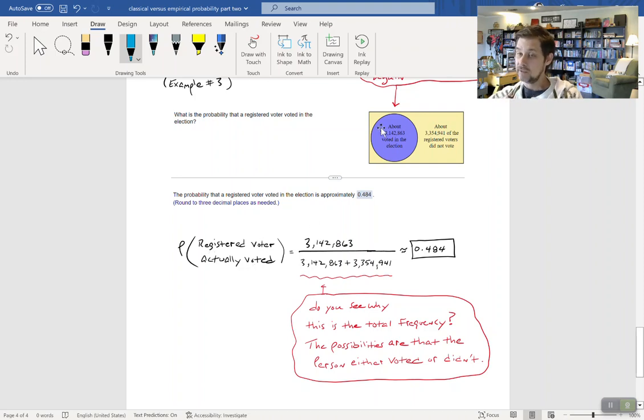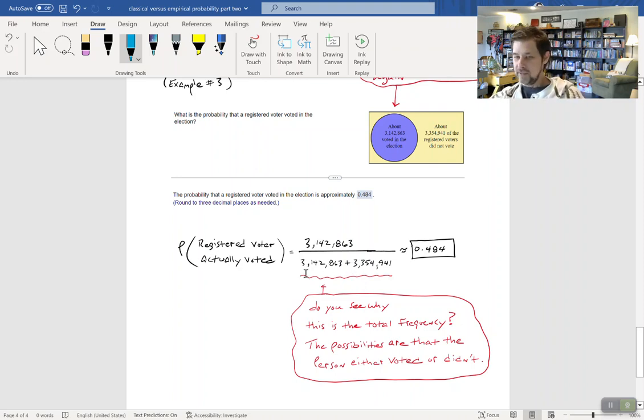Well, it was observed that 3,142,863 registered voters voted. That's the number that goes on top. But then the total frequency, that would be, well, of all the possibilities, the registered voter either voted or didn't. And so I add those numbers together to get the total frequency, all right?